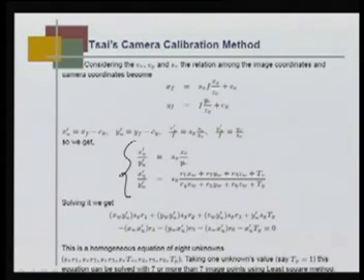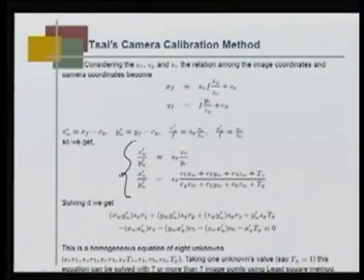The objective is how I identify the camera model parameters. We started with the world coordinate, went to the camera coordinates, from camera coordinates to the camera image plane, and then to the actual position of the target point in the camera image plane, which is xf and yf.